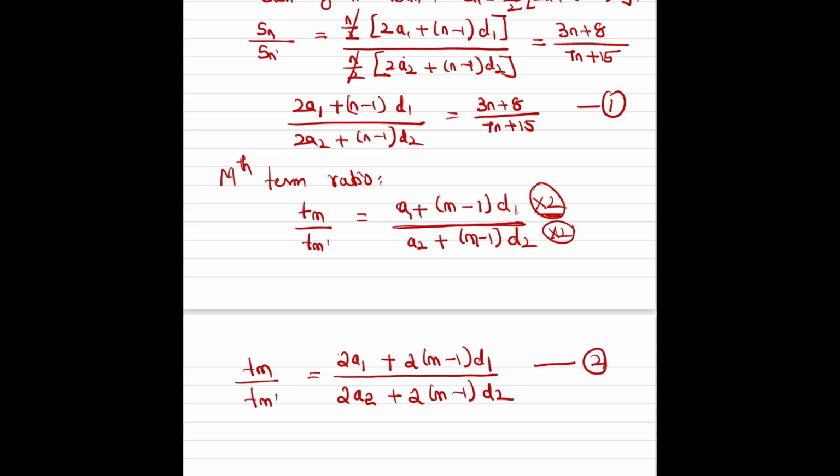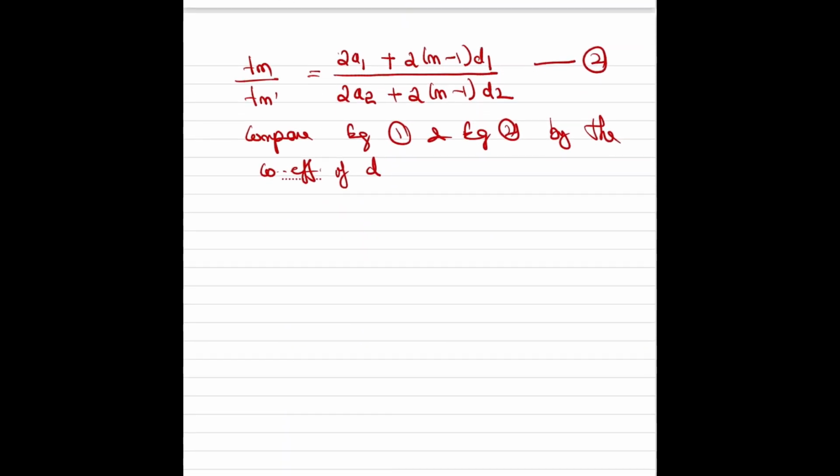Next, I am going to substitute m for n. So comparing both equation 1 and equation 2 by the coefficient of d, you see here in equation 1 and equation 2, on the left-hand side you have 2a plus n minus 1 into d. Here the same, m minus 1 is there.